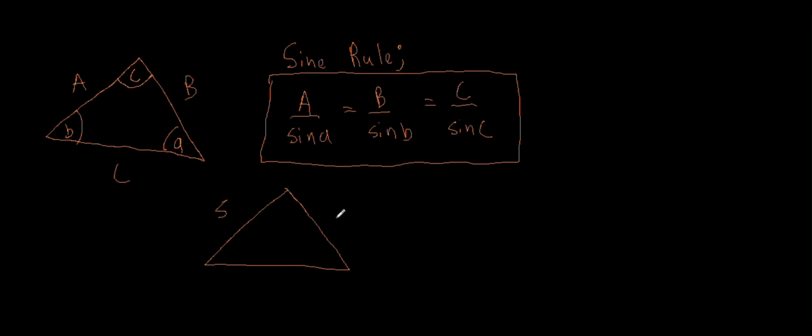So let's say here 5, here 8, here's 10. So let's say I want to find this angle A. So that would mean this is length a. Doesn't matter, I could call here b, I could call here c.